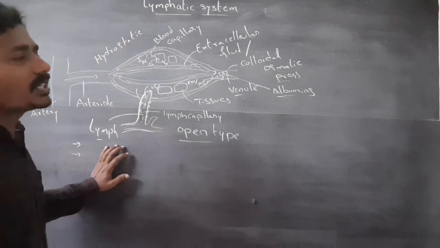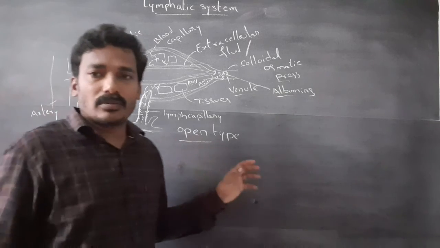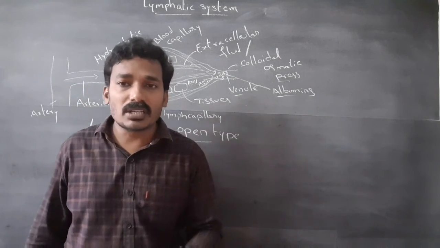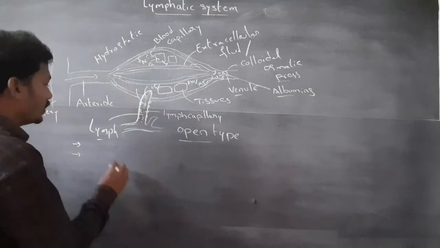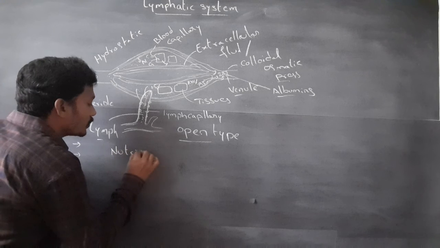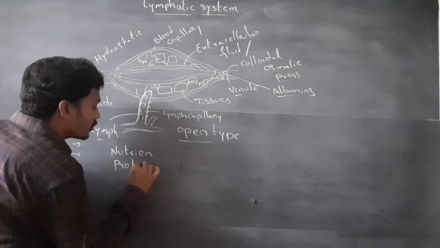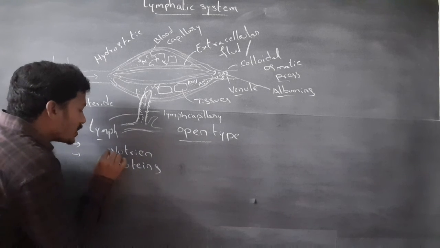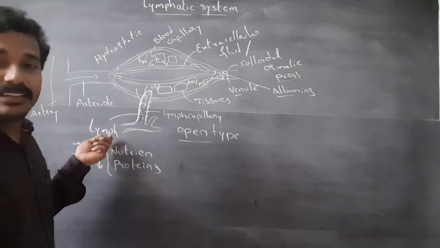The composition of lymph is similar to the plasma, except that nutrients and proteins are in low quantity in the lymph.